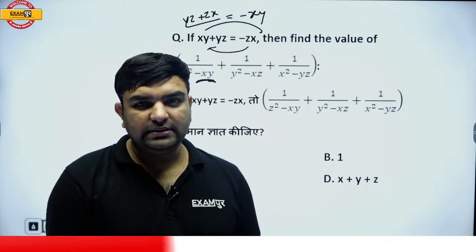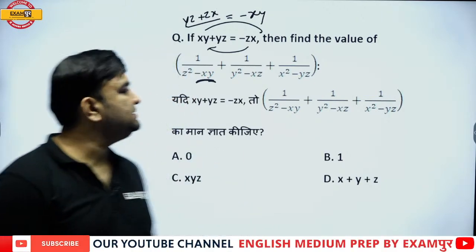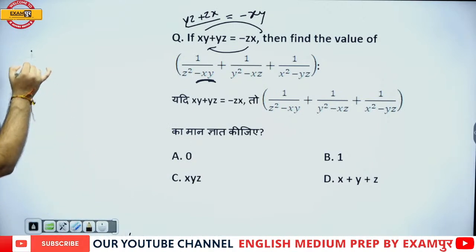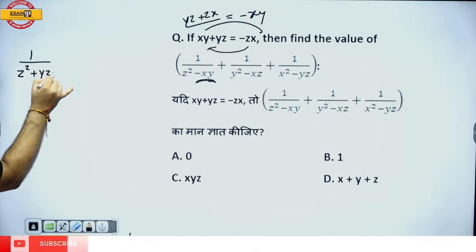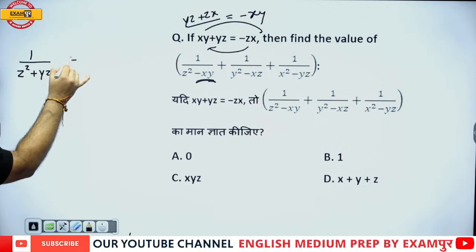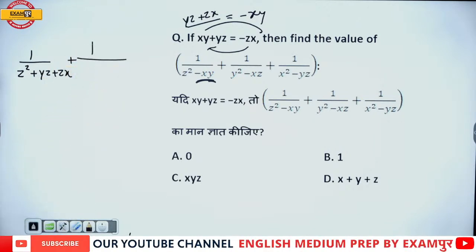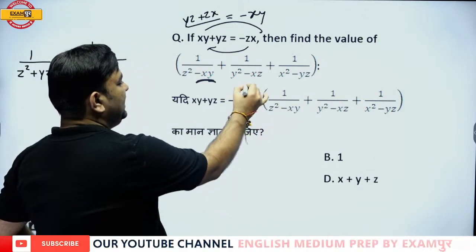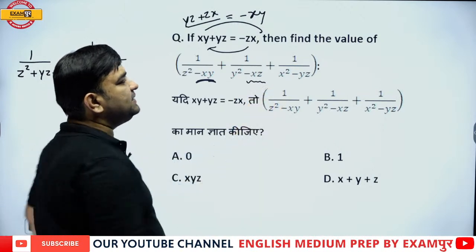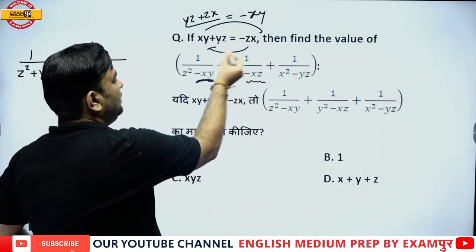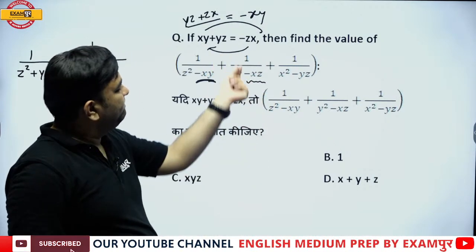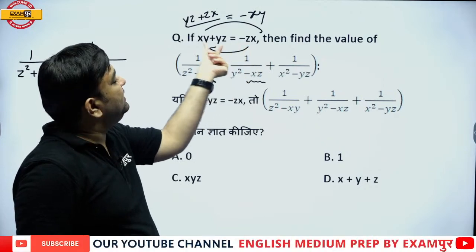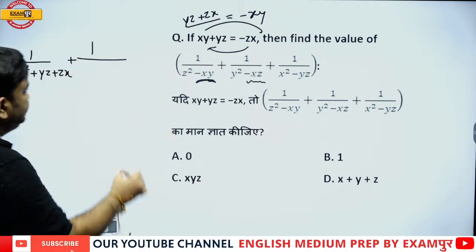So 1 upon z square plus yz plus zx. Now, similarly, minus xz can be written as xy plus yz.